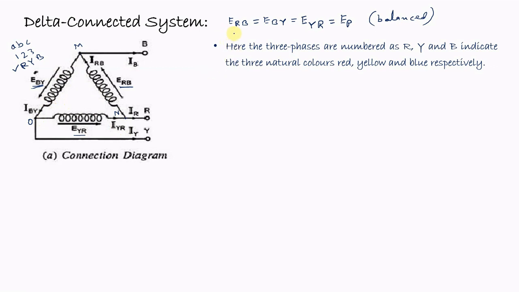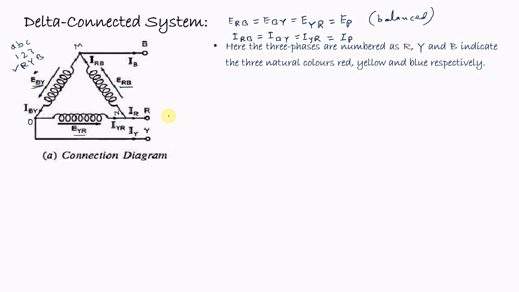And again, for a balanced system, the magnitude of the three phase currents should be the same. So we can write IRB is equal to IBY is equal to IYR, and it is considered as the phase current, that is I phase.